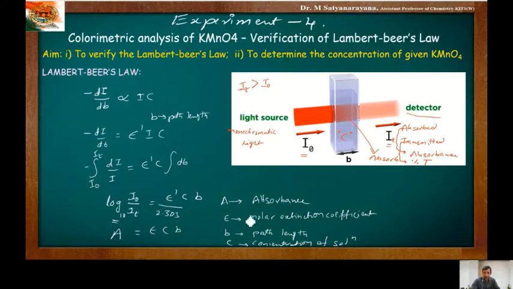So for a solution of concentration C, A is proportional to C. From this equation, for a particular solution, epsilon is the same and B, the path length, is constant if you are using the same tube of the same length.